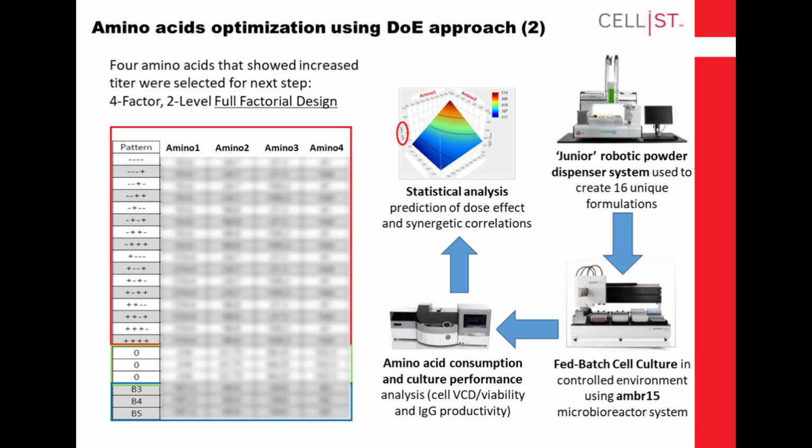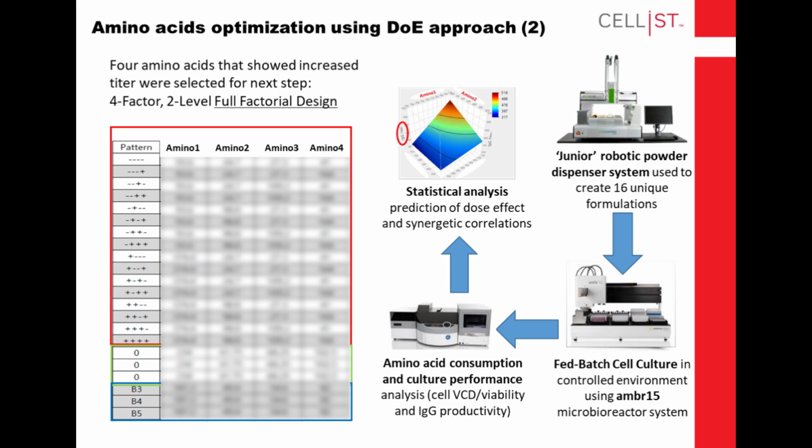We start on the top right equipment called the Junior. This is a robotic automated powder dispenser, and it allows to create any kind of powder combination we want to make. And then we formulate all the different designs and use the Ambr, the automatic microbioreactor system, to perform a 2-week fed batch culture.